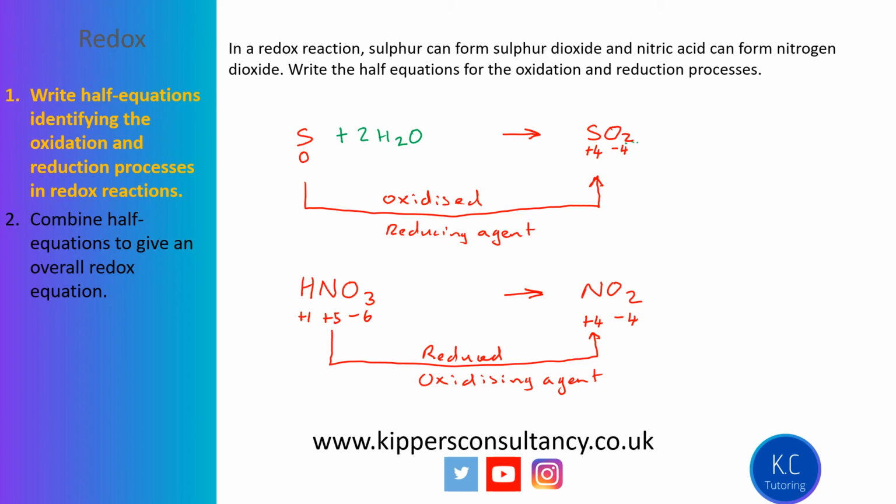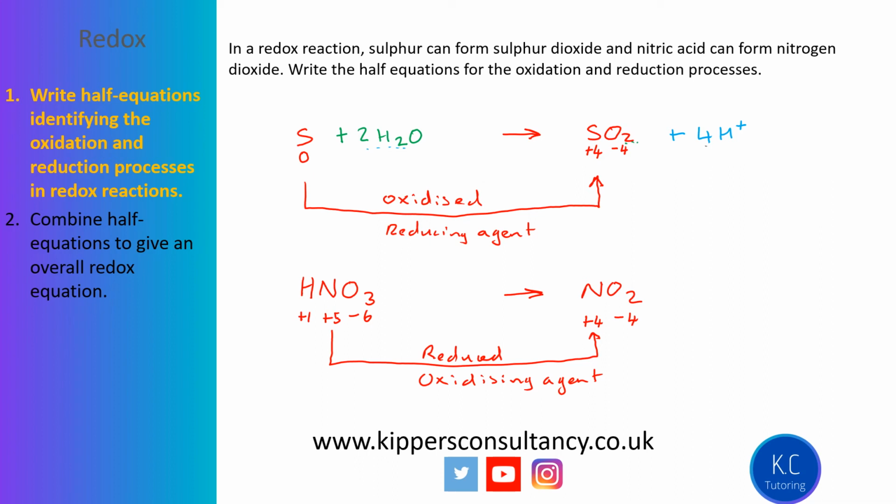But I've now got extra hydrogens. So to balance up the hydrogens, I have 4 hydrogens on the left-hand side. You can see those there. So I balance up hydrogens by adding in hydrogen ions, and I need to add in 4 hydrogen ions. Okay, now finally I need to balance charge.